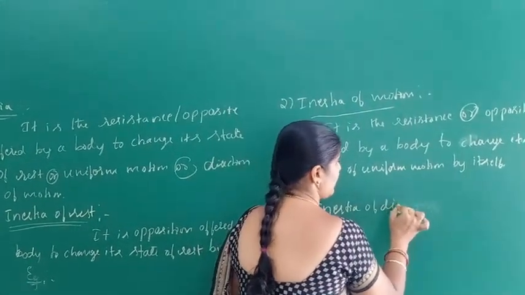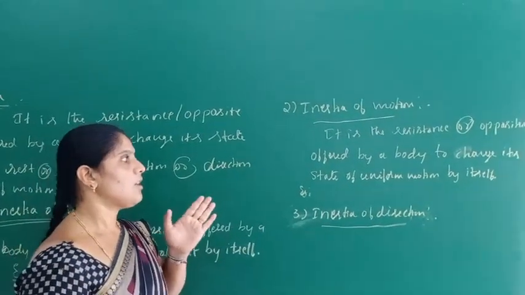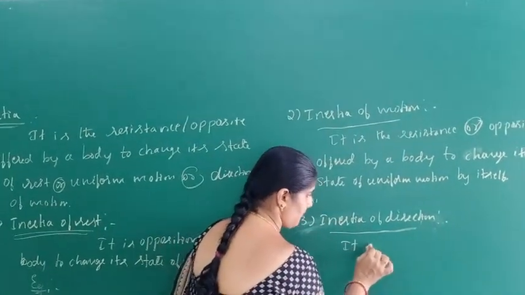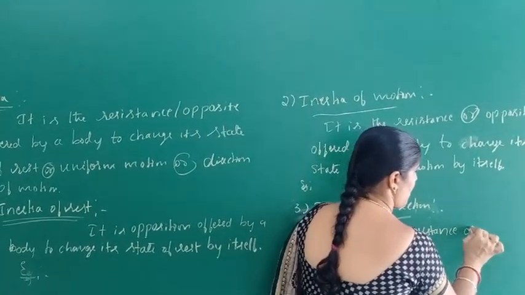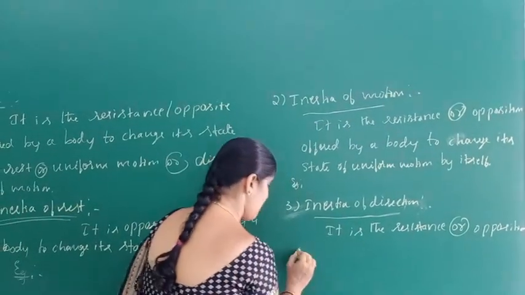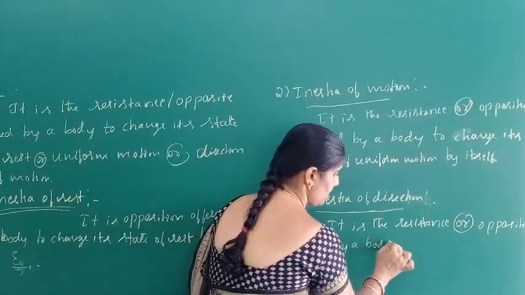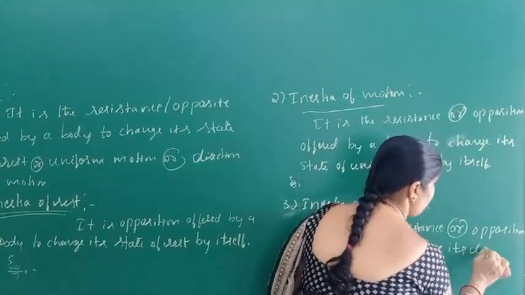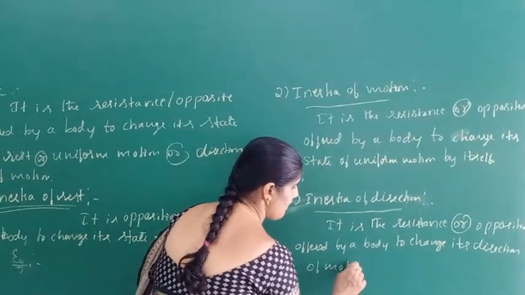Inertia of direction is also the resistance or opposition offered by a body to change its direction of motion by itself.